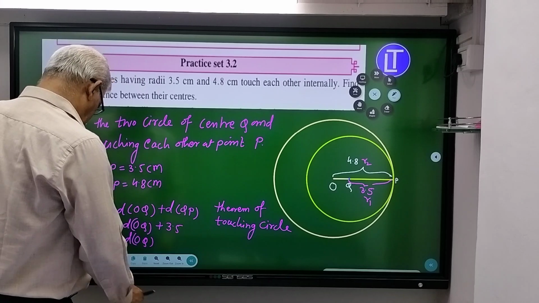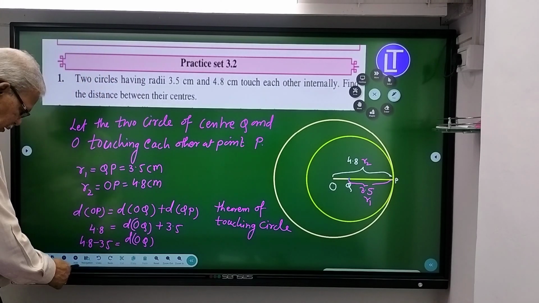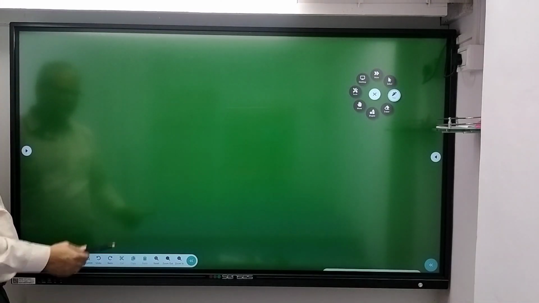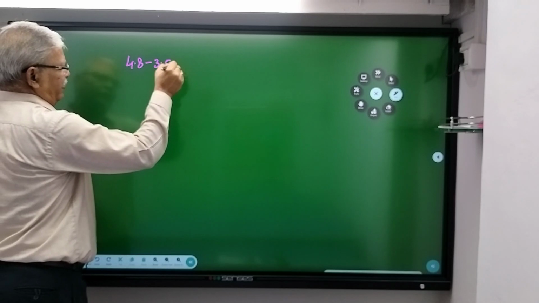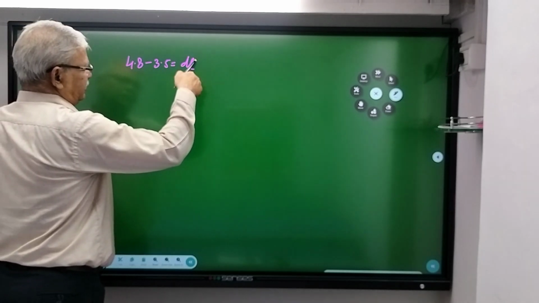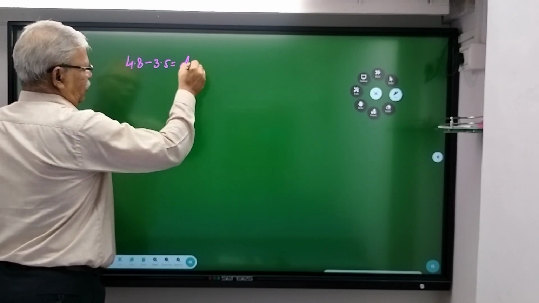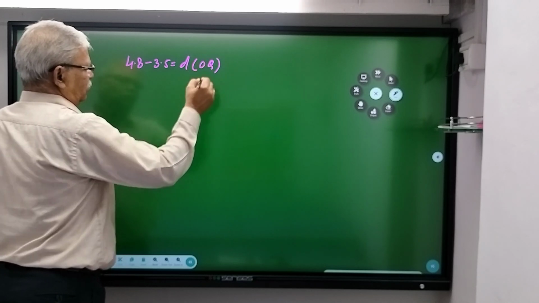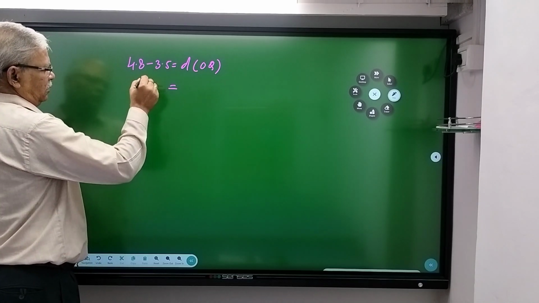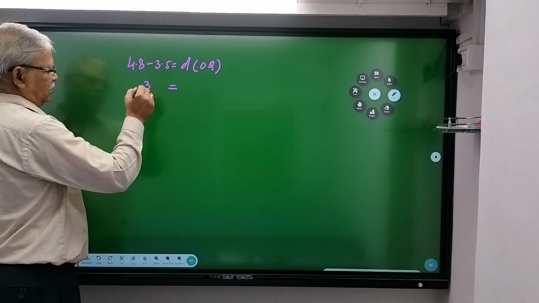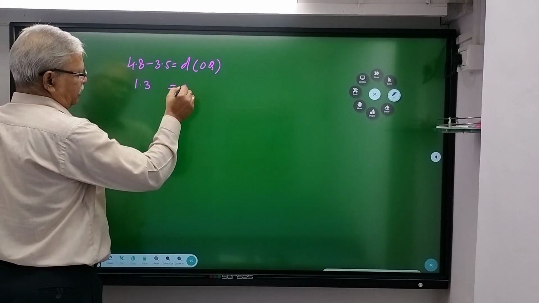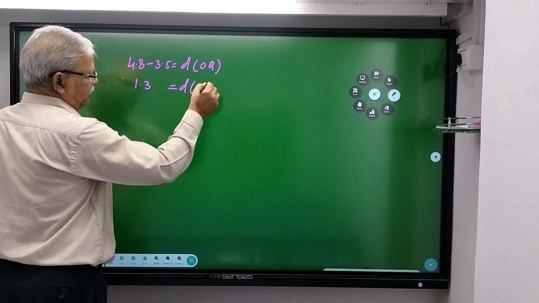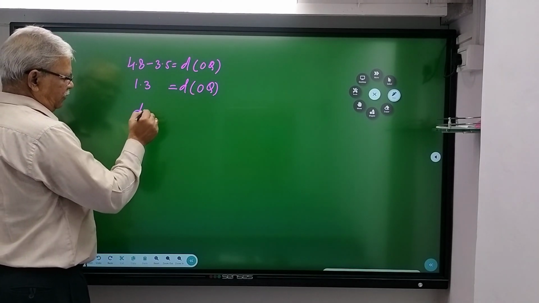I am going to write here on the next page: 4.8 minus 3.5 is equal to distance OQ, and if you subtract, it will be 1.3.